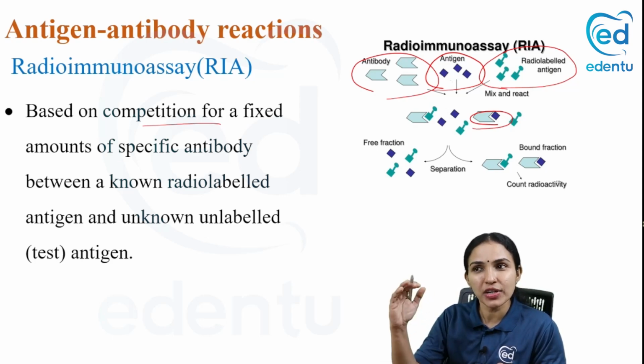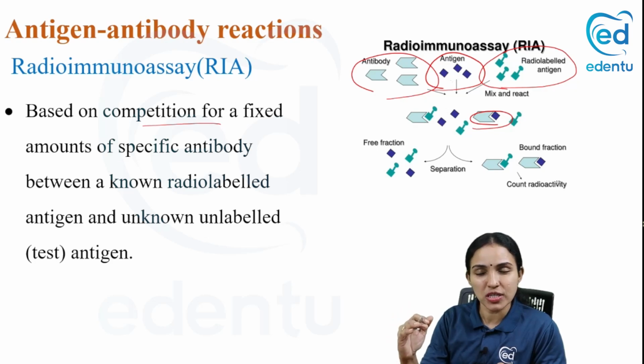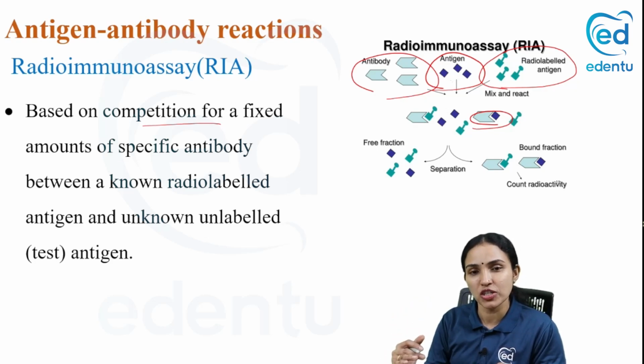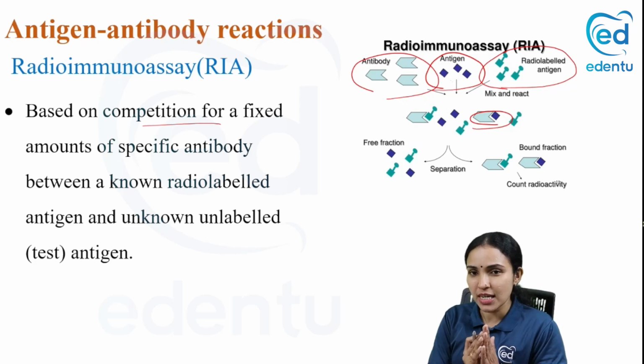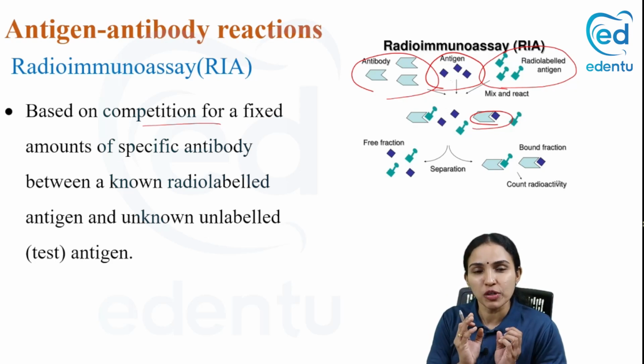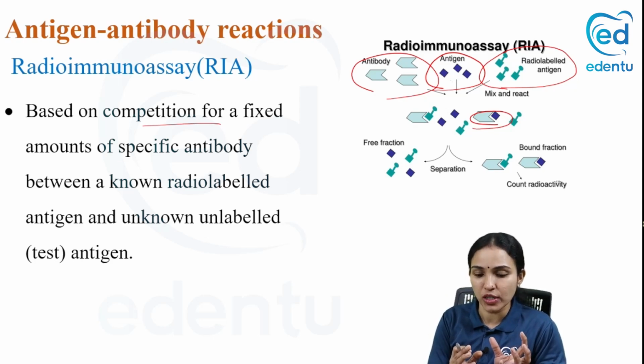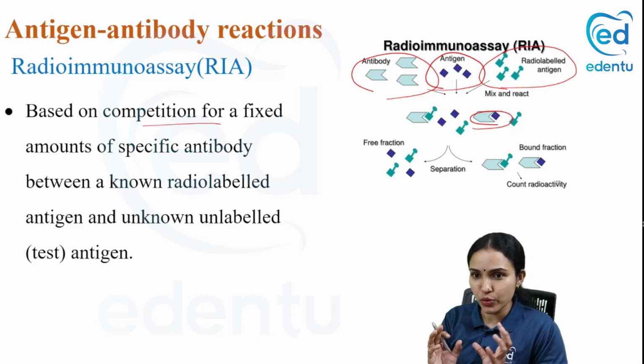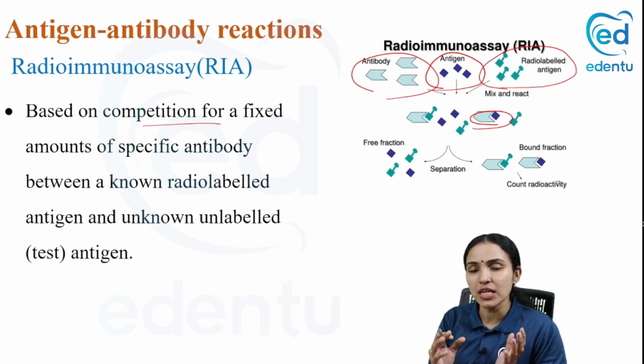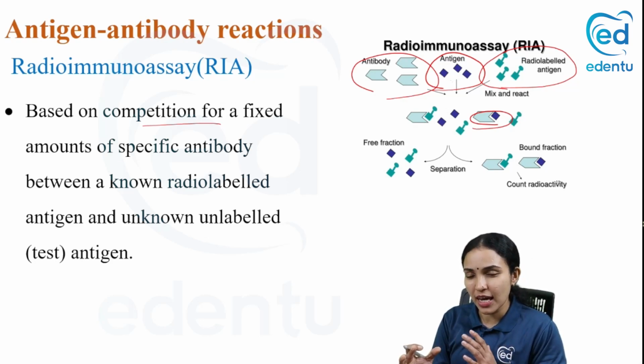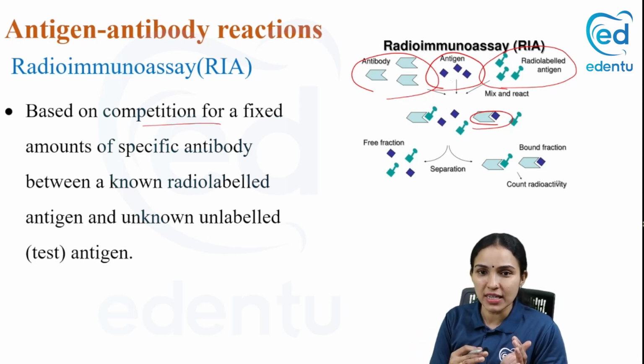So higher radioactivity indicates the serum doesn't contain much antigen, and lower radioactivity indicates the serum contains more antigen. It's like a competition between the test antigen and the radio-labeled antigen for a particular amount of antibody. Just remember, we are using radio-labeled antigens, and they compete with the normal antigens in serum for binding to a particular antibody. So that is radioimmunoassay.